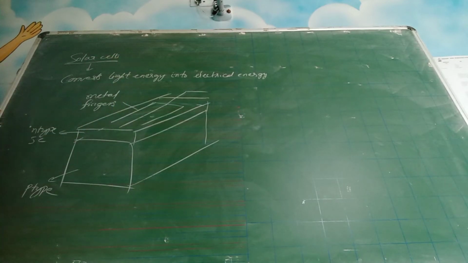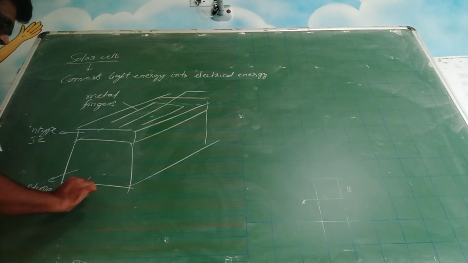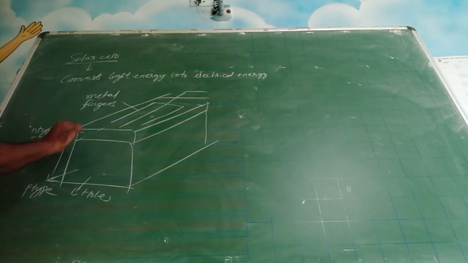Now, in the P-type, you have more holes, right? The thickness of P-type is more when compared with the thickness of the N-type. So this is in the order of 300 micrometer and this is in the order of 0.3 micrometer.